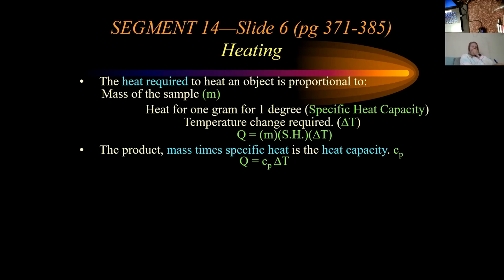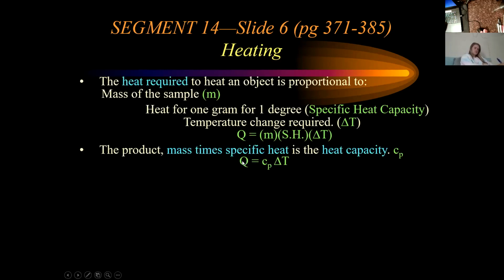I put that benzoic acid in my bomb calorimeter, set it in the bucket, put the amount of water in the bucket, do all of the experiment, and I can measure the temperature change.